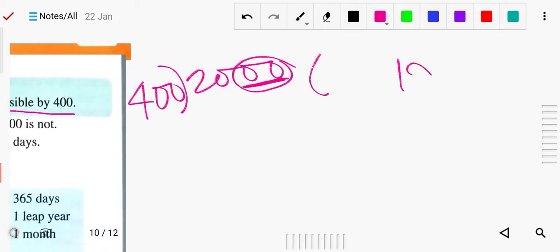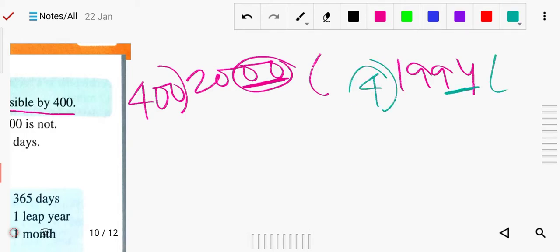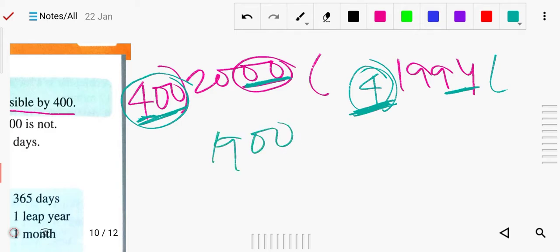If the year given is 1994, it does not end with 100, so you can divide it by only 4, no problem. But if it ends in double zero, then you have to divide by 400, not by 4 alone. Got it? Like 1900, this year you have to divide by 400, not only by 4.